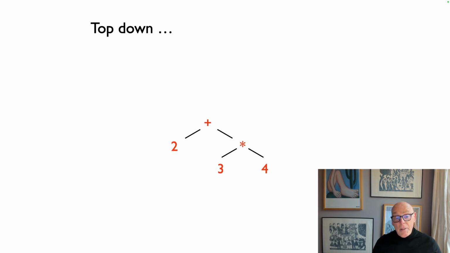You can also think of it working top down. This was how I explained recursion when we talked about it earlier for lists. I know how to print the whole expression as long as I know how to print the sub-expressions. So, for example, here I know that what I will print is parenthesis, then something for the left side, then plus, then something for the right side, then closing parenthesis.